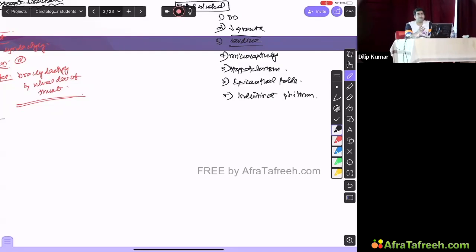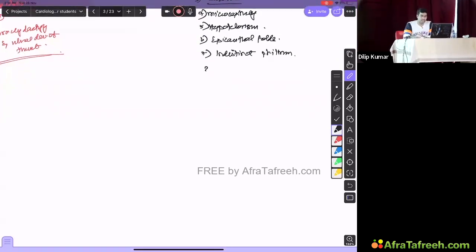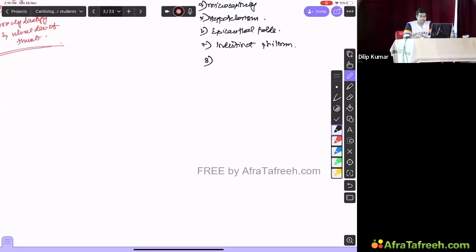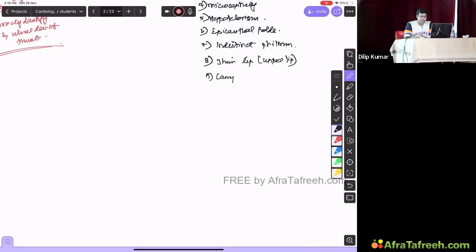Maybe you can assume it's not prominent. Okay, it will not be seen properly. It will look like straight lips. You will not be able to categorize that philtrum properly in these patients. Or indistinct or not so prominent philtrum. Then they will have a thin lip, especially upper lip. And they will have camptodactyly and clinodactyly.